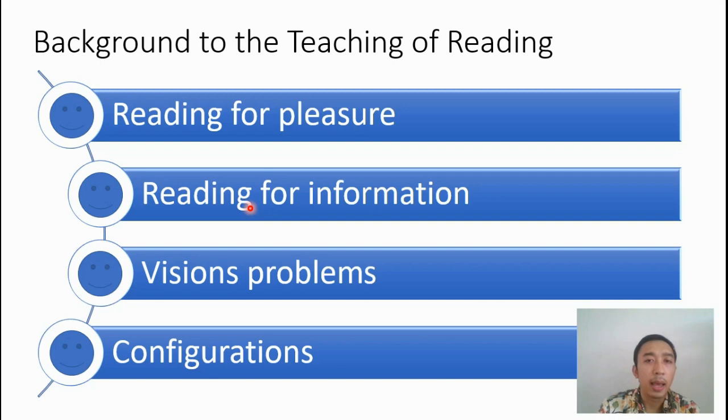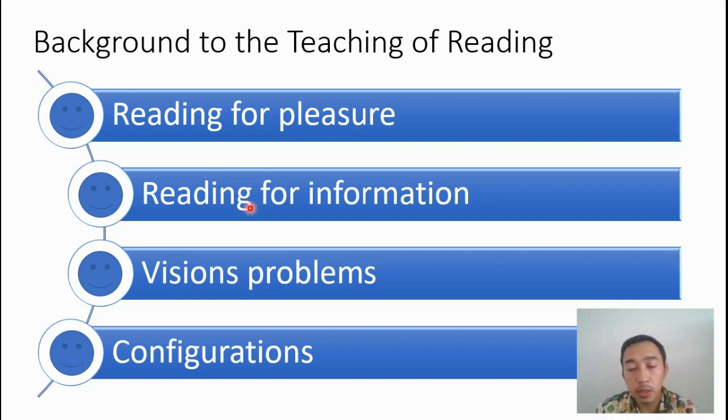You know that everyone loves stories, starting from children to adults. Then this example is when they are reading the stories and they are happy with the reading, then we call it reading for pleasure. And the next one is reading for information.